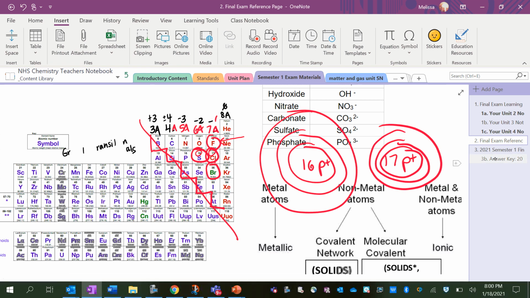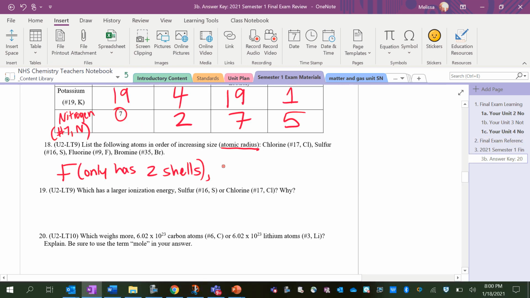So that means that chlorine's a little bit smaller than sulfur. Chlorine has 1 more proton than sulfur, pulling in, attracting the electron shells.